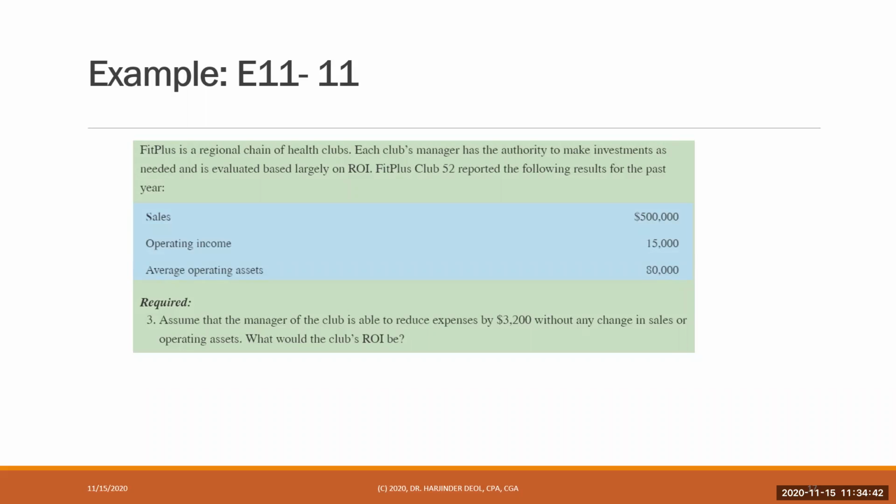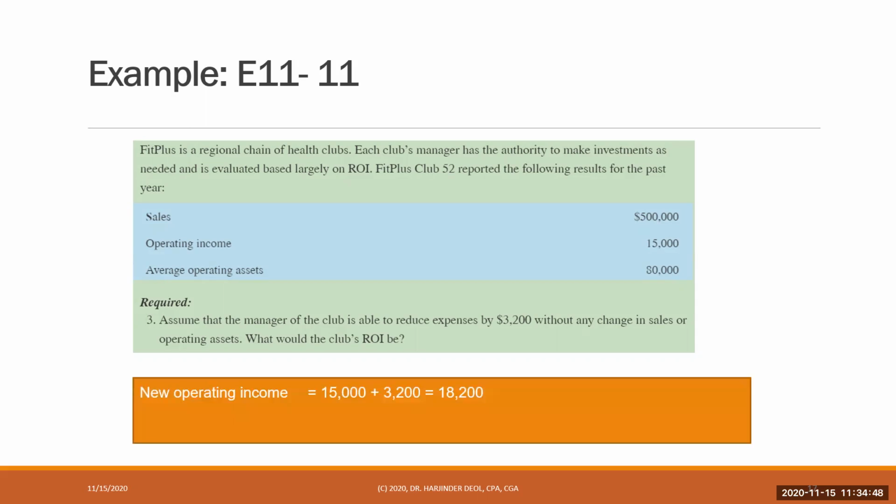So if operating expenses go down by $3,200, the operating income will go up by $3,200 to $18,200. With no change to the average operating assets, the new return on investment is 22.75%. That's a typo there. It should be 22.75%.